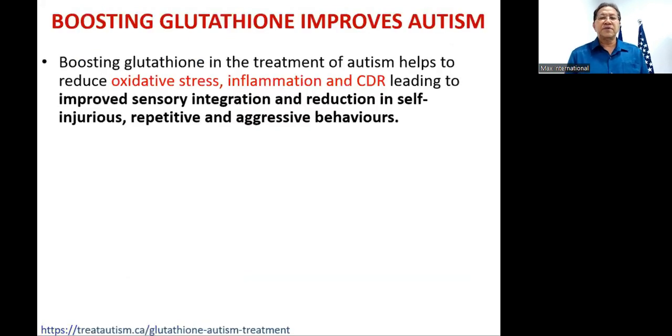Boosting glutathione in the treatment of autism helps to reduce oxidative stress, inflammation, and CDR, leading to improved sensory integration and reduction in self-injurious, repetitive, and aggressive disorders. And we can add two more things, right? Reduce the autoimmune component and improve microbiome.